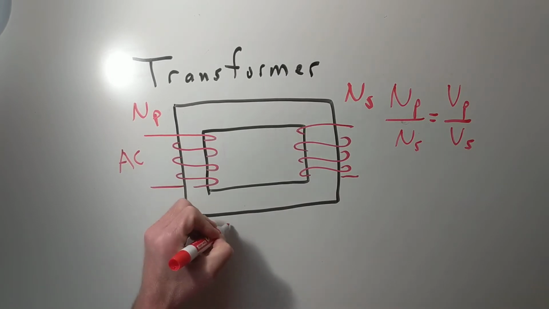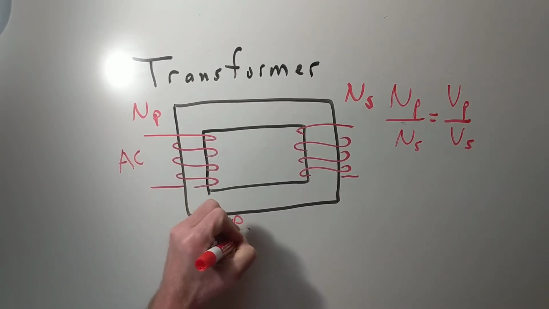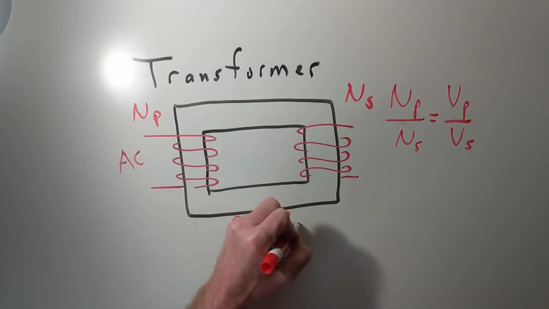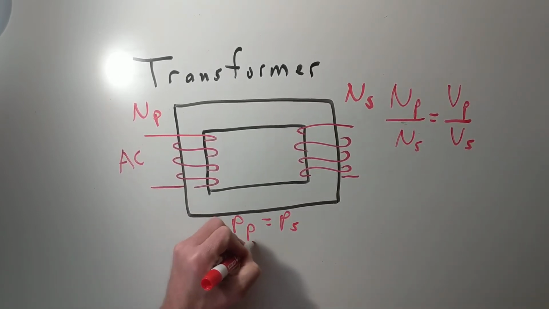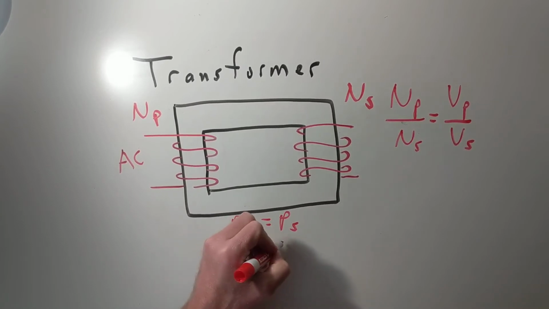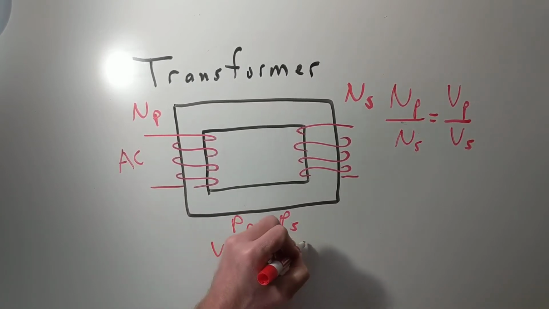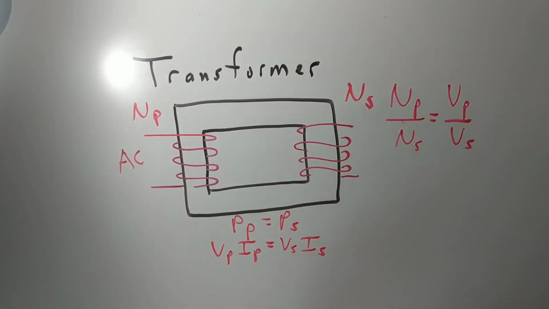But if the power is the same, if the power of the primary is the same as the power of the secondary, then that means that voltage of the primary times the current in the primary is equal to the voltage of the secondary times the current in the secondary, which means as the voltage goes up, that means the current goes down.